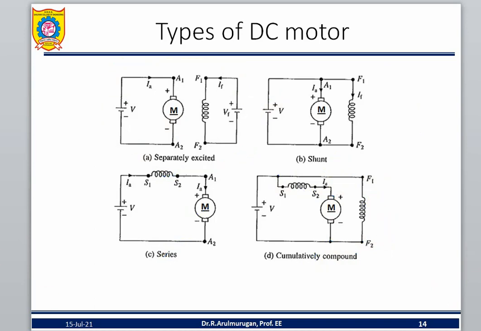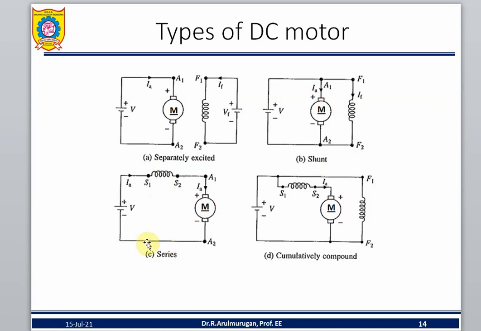Here are some very small questions. If field winding and armature winding are connected in parallel, what is the motor called? Shunt motor. If armature winding and field winding are connected in series, what is the motor called?